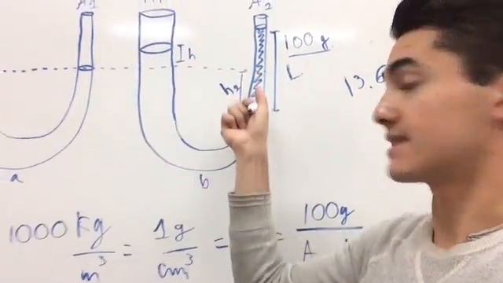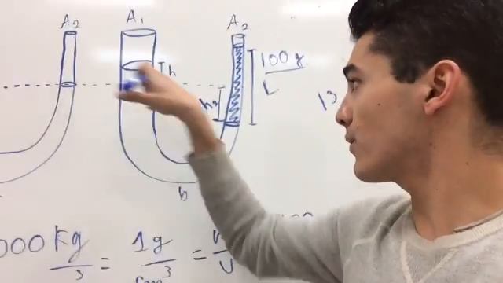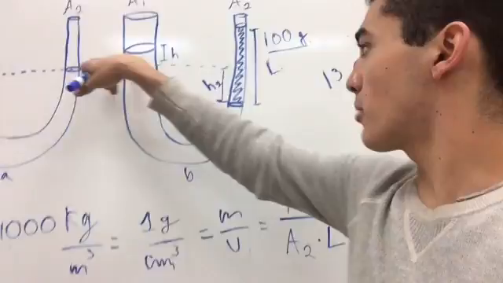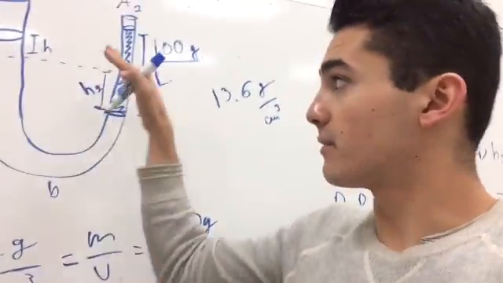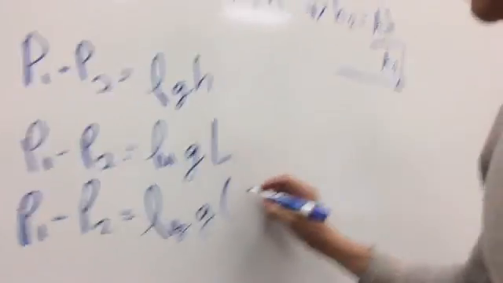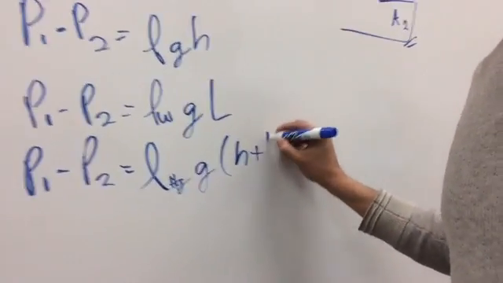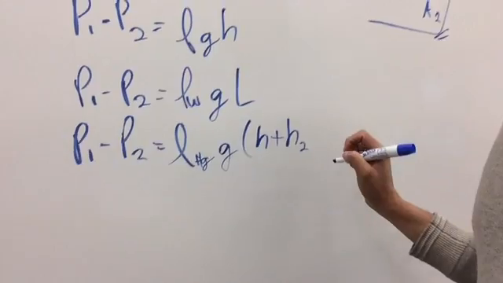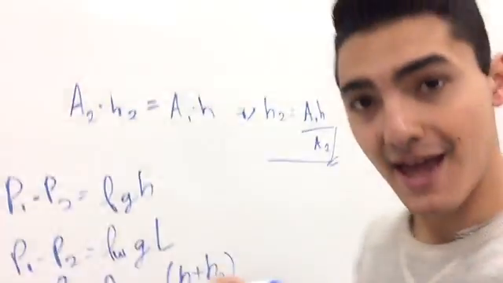Also this part is affected. So we have to consider both parts, because both are affecting the movement of the mercury. So we write here H1 plus H2, the sum of both movements inside the tube.